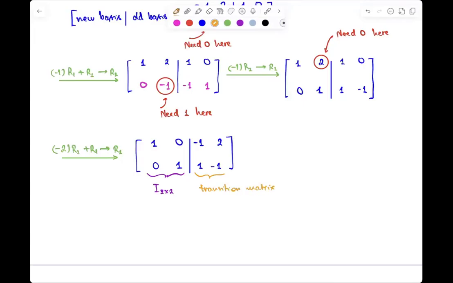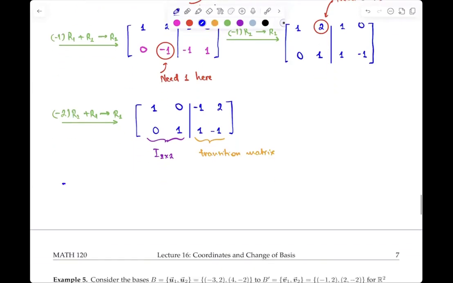Then you can conclude that the transition matrix from B to B prime is the matrix of the form -1, 2, 1, -1.